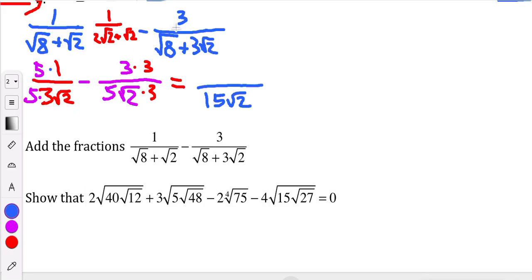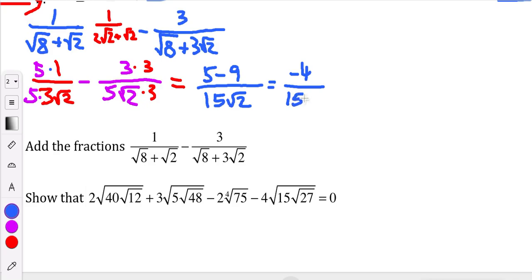And this will be 5 minus 9 on top. I hope you agree. Which is negative 4 over 15 root 2.